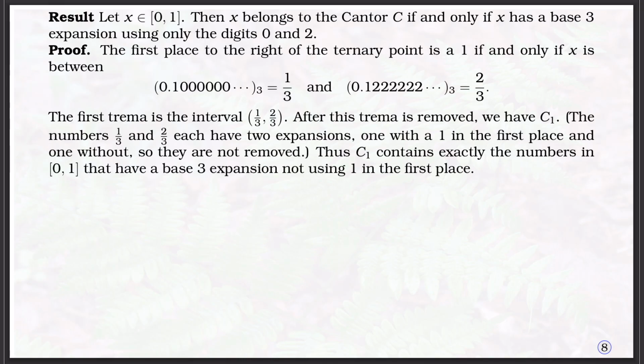For proving this, the first place to the right of the ternary point is the number 1 if and only if x is between 1 by 3 and 2 by 3. While constructing the Cantor set, we start with the interval 0 comma 1 and remove the middle part, here 1 by 3 and here 2 by 3.